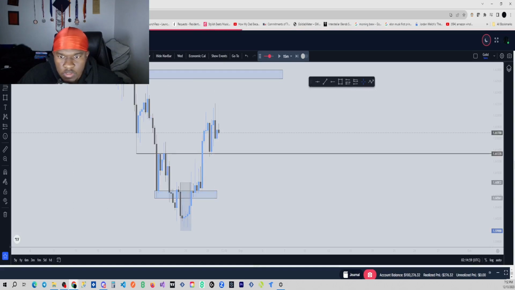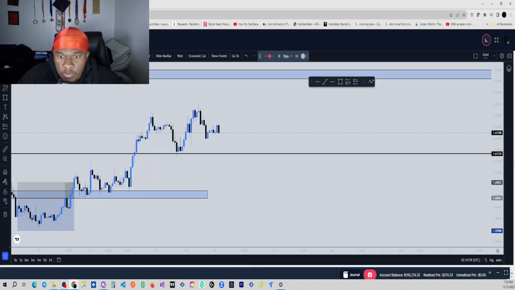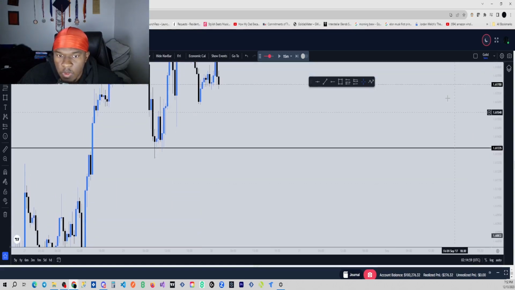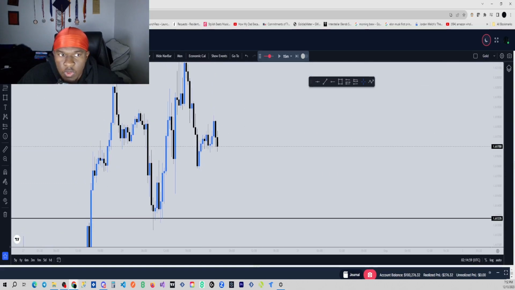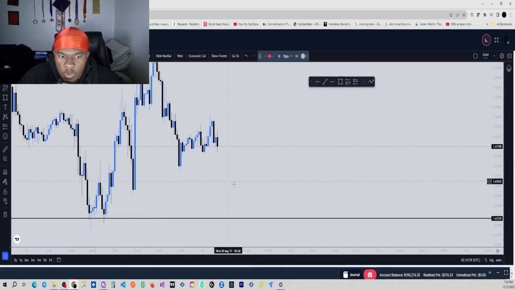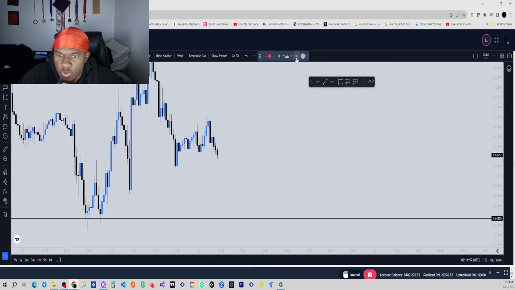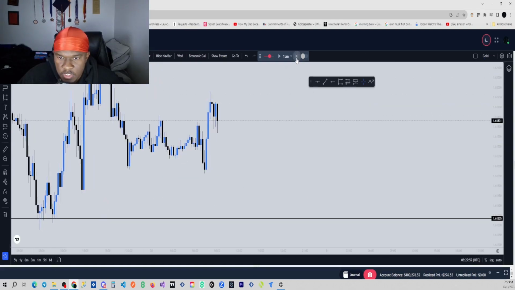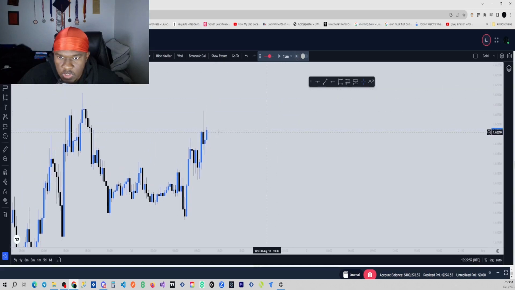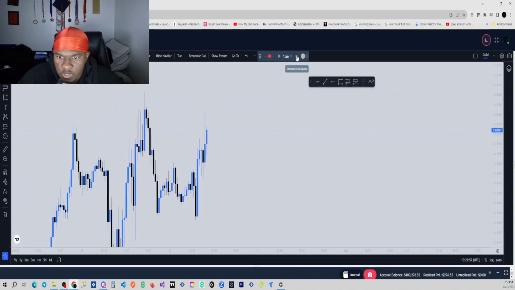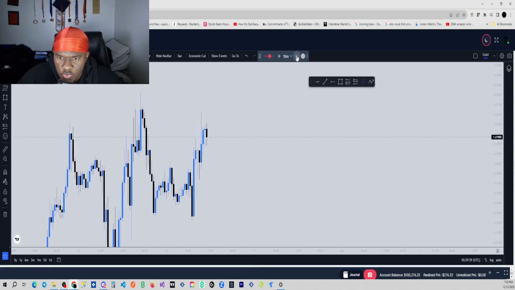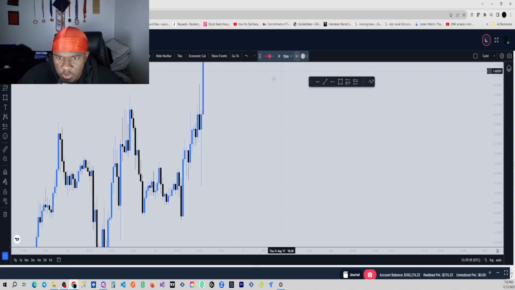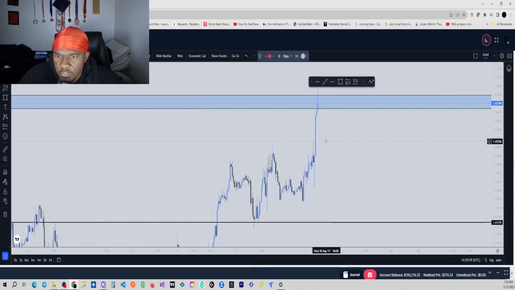All right, let's drop down to a lower time frame. Come on, drop lower, retest. Oh, that would have been a clean setup, but I wanted it lower. Definitely wanted it lower.